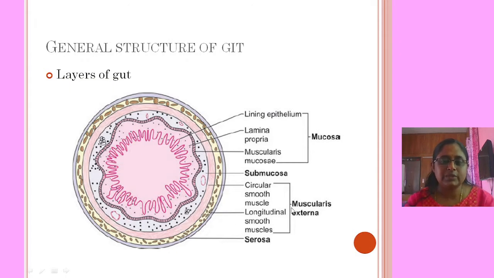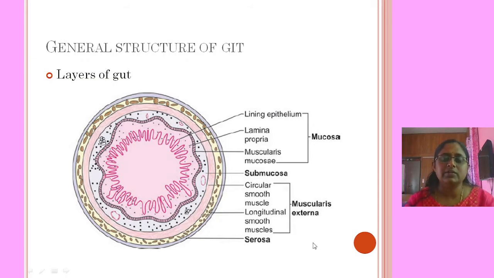Thus the muscularis externa is divided into two layers: the circular smooth muscle layer, which is the innermost, and the longitudinal smooth muscle, which forms the external lining of the muscularis externa, and the outermost covering called the serosa.